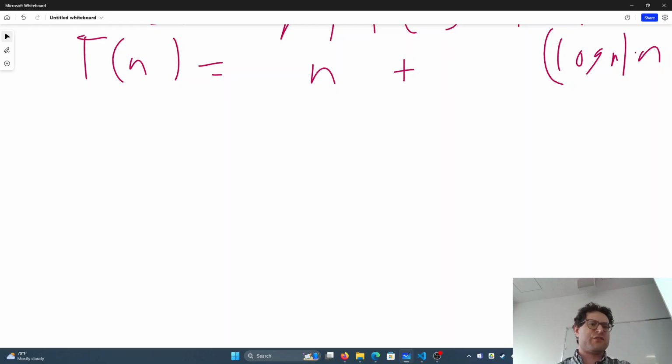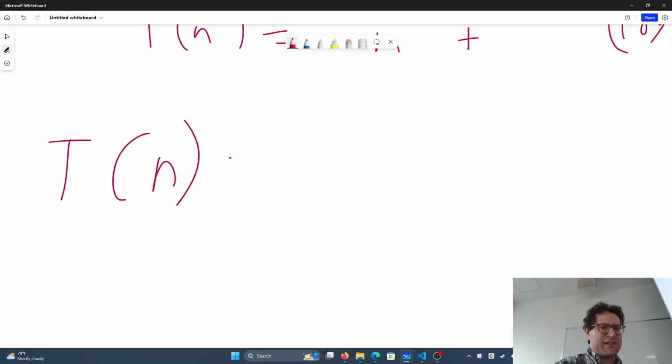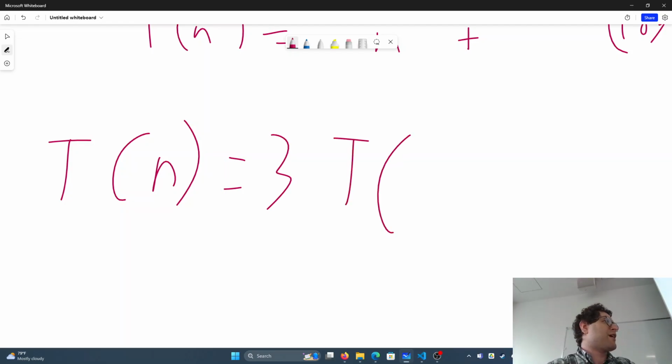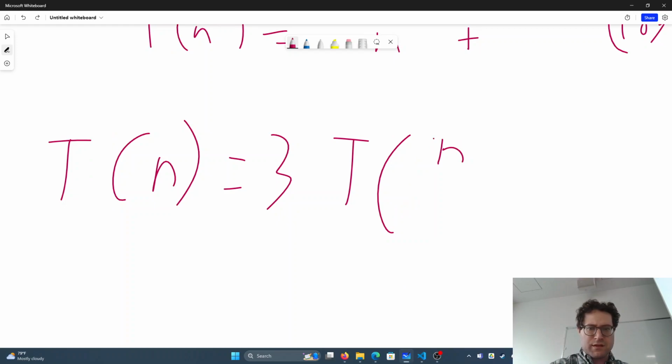Not so obvious for Stooge sort, which, if I were to write it, comes out to T of n is equal to 3 subproblems, each of size 2n over 3, right?